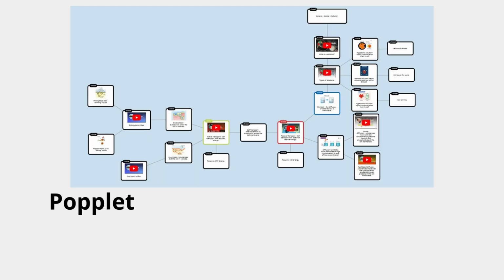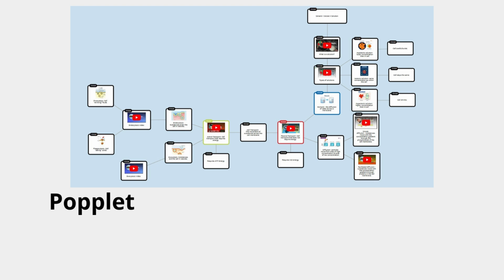The other goal was to make my teaching more engaging by using digital tools, and the tool that I used was Poplet. I created a map with information about cell transport for my class when we were covering that unit.